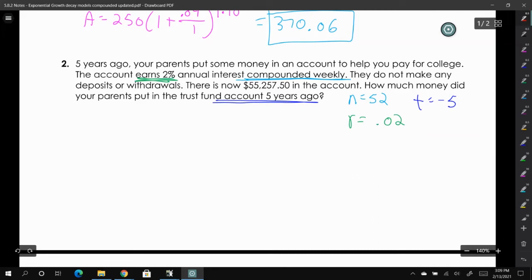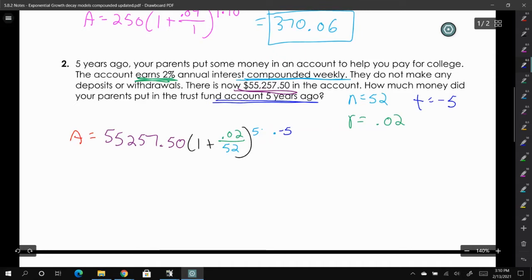So then we're going to have A equals, our principal is $55,257.50, times 1 plus r, which is 0.02 divided by n, which is 52, raised to the 52 times -5 power.